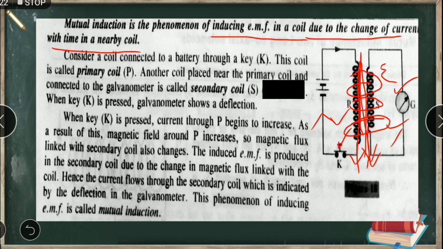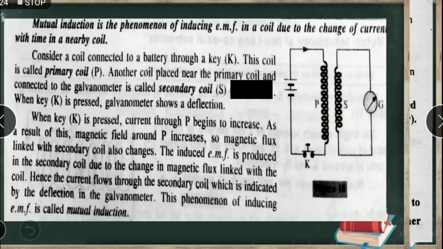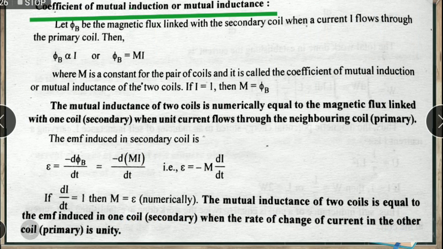Next, the coefficient of mutual induction, which is similar to self induction, also called mutual inductance. Let phi be the magnetic flux linked with the secondary coil when a current I flows through the primary coil.